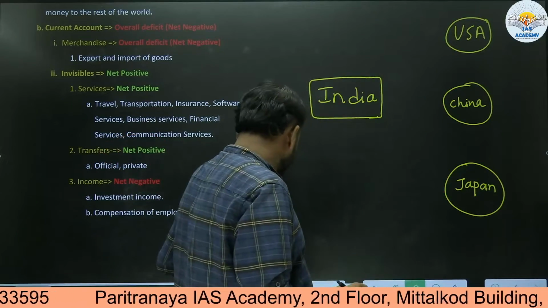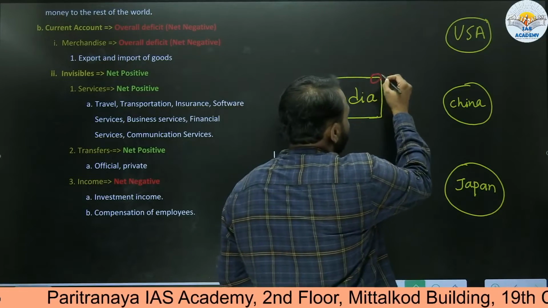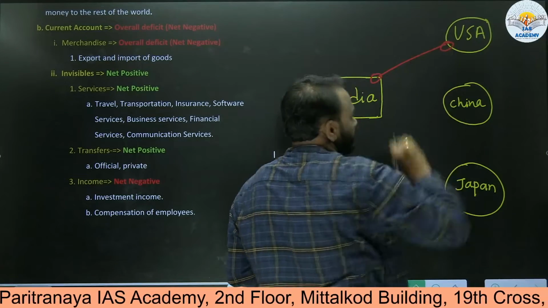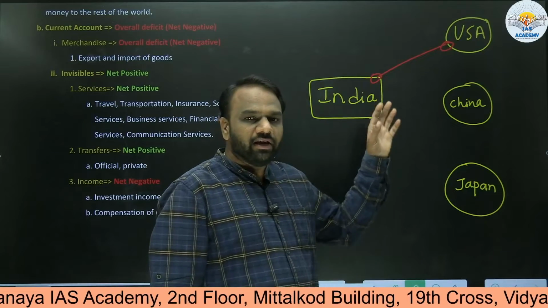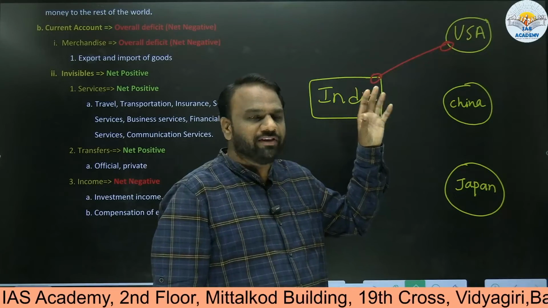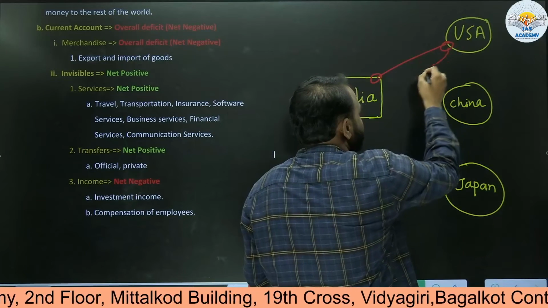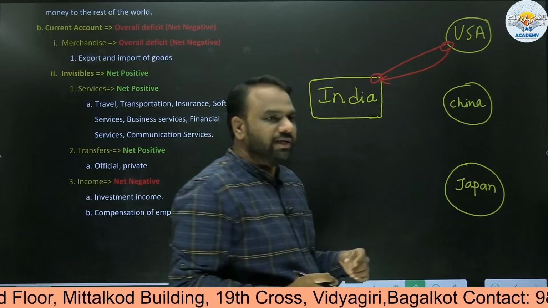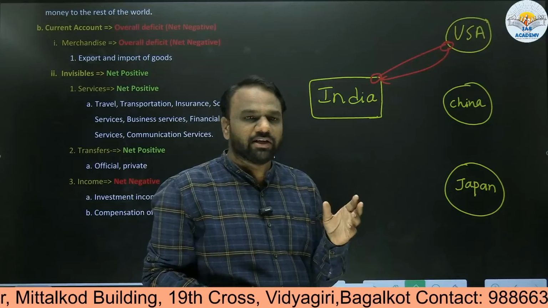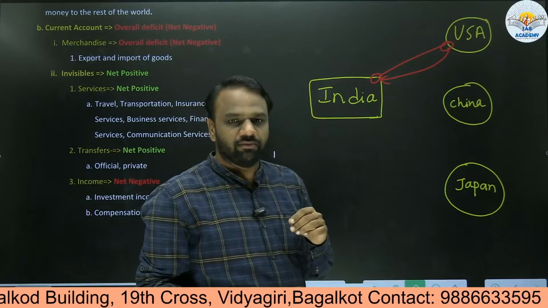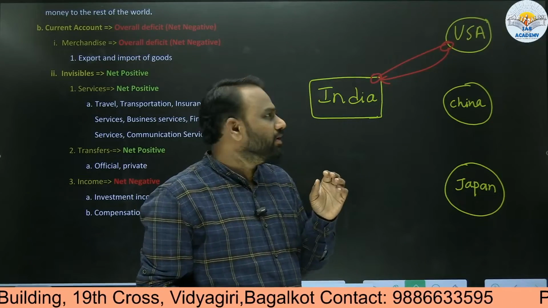Now an Indian company, or an Indian person, invests in a USA company. Let us assume that after one year, the USA company will send returns, either profit or interest, back to the investor in India.